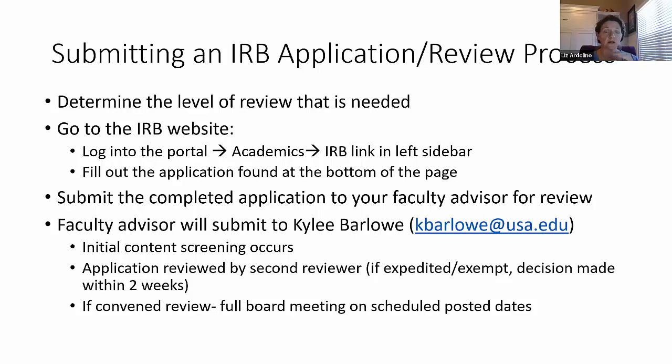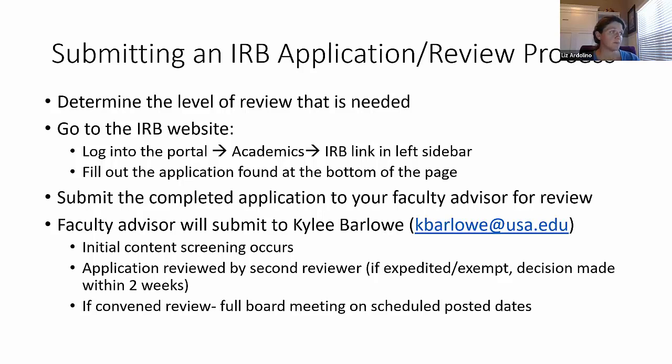Once we are assured that all of the boxes are checked and all the I's are dotted, T's are crossed, all of that good stuff, it will go to a second reviewer. That second reviewer is going to be the one who really gets nitpicky and looking at, okay, are all the things that we need to see in this application to safeguard human subjects, are they all in here, and are they all written clearly so that we can understand it?